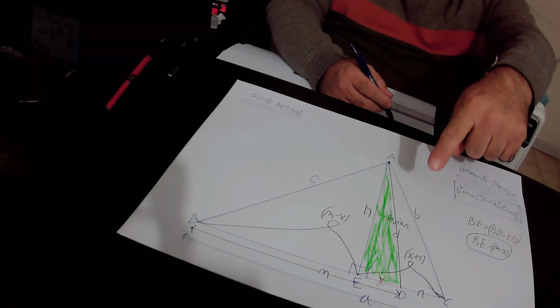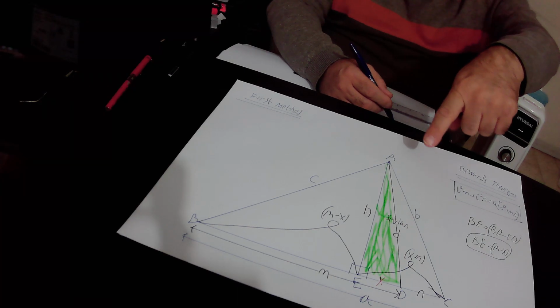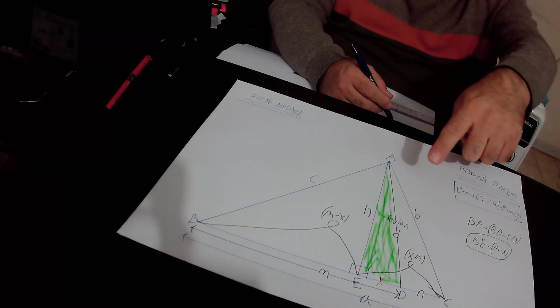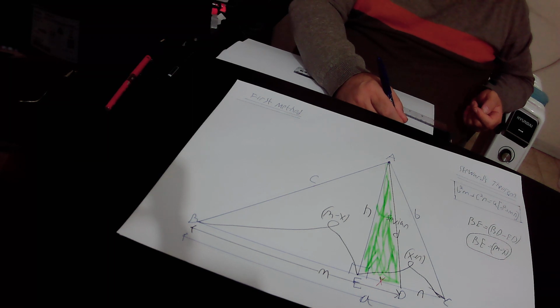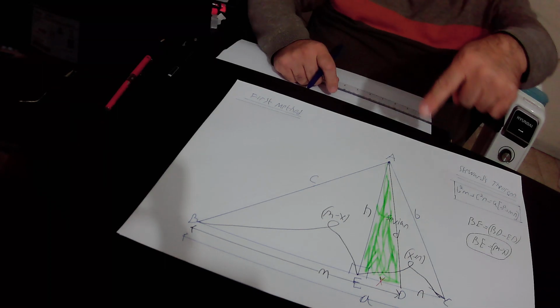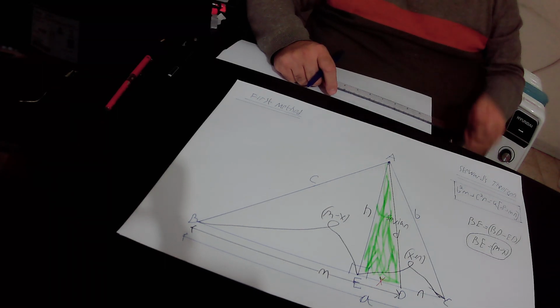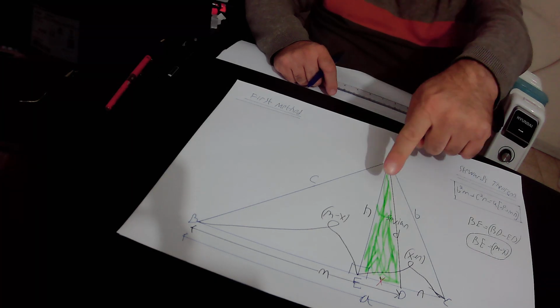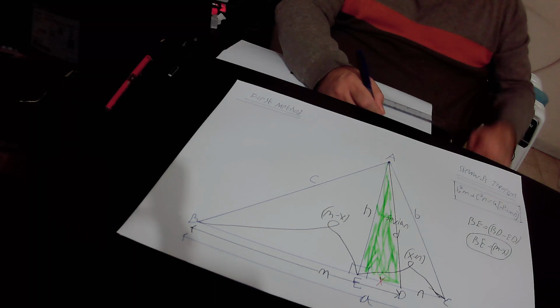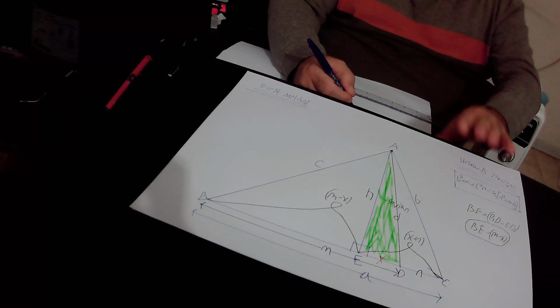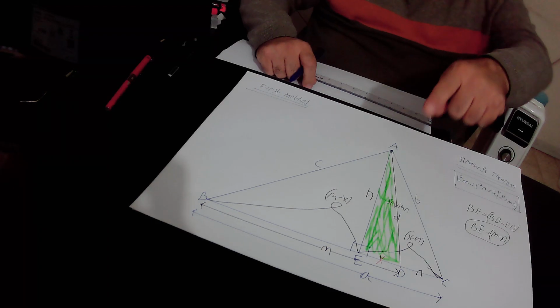AD equals D units in its length, therefore AD squared is D squared, and it is equal to AE squared. AE equals H units, therefore AE squared is H squared, plus ED squared.